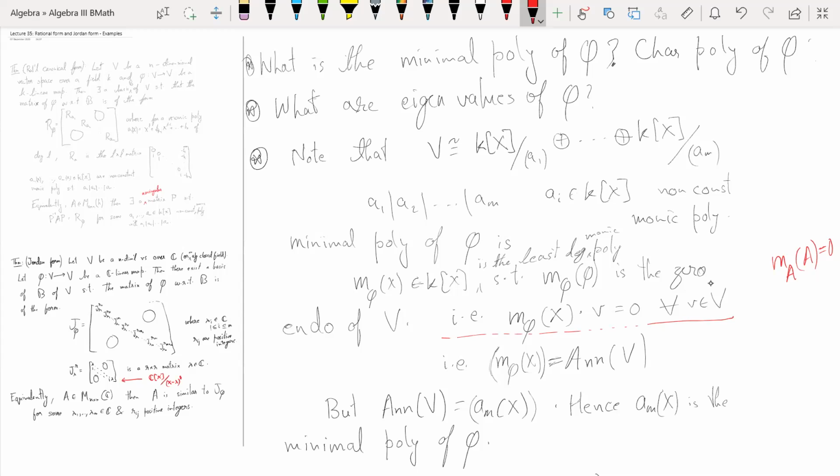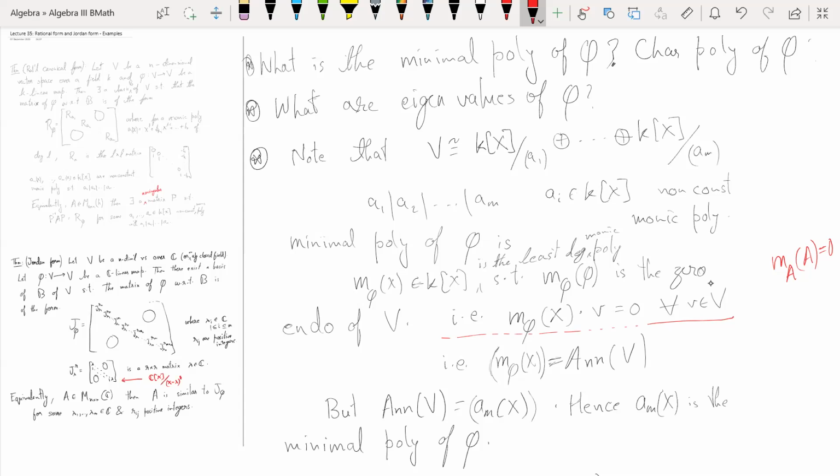Yeah, and that precisely means that the annihilator of V is generated by m_phi(x). And what is the annihilator of the right hand side? Well, to compute the annihilator of the right hand side, we know that am will certainly annihilate it, because a1 divides am, a2 divides am, everything divides am, all the denominators here divide am.